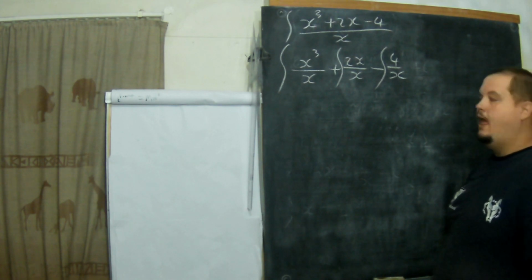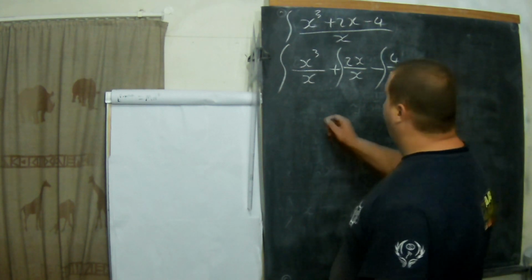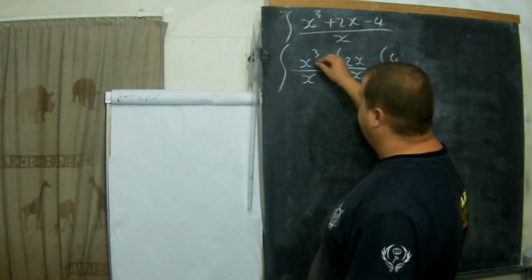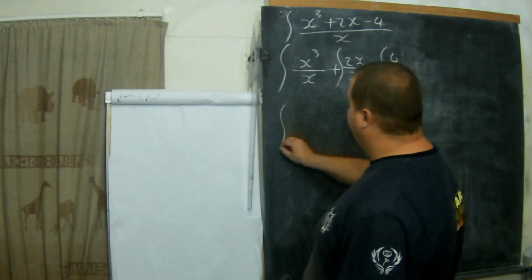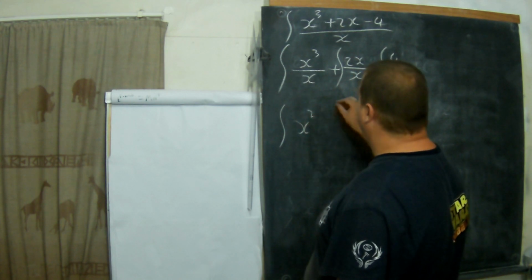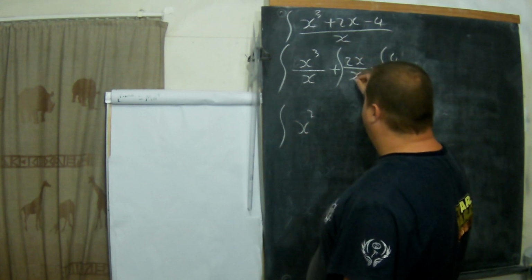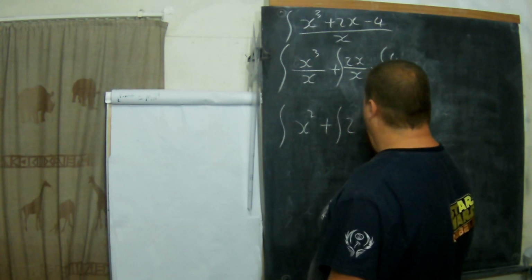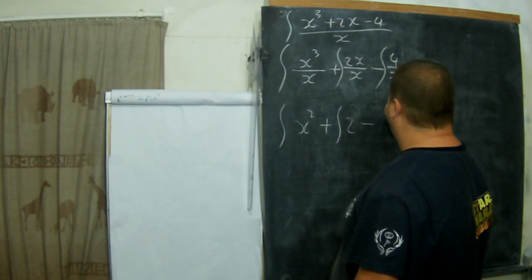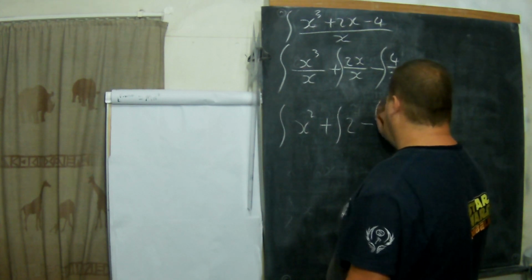Quite simple. Now we can get rid of an x here. So x cubed divided by x is x squared. 2x divided by x is just 2, so plus 2 minus 4 over x.